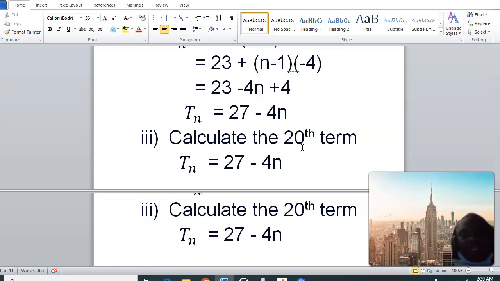Remember, we cannot add minus 4 up to the 20th time. No. You can just use the formula to solve it easily.